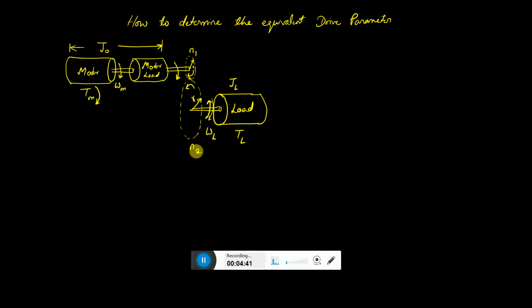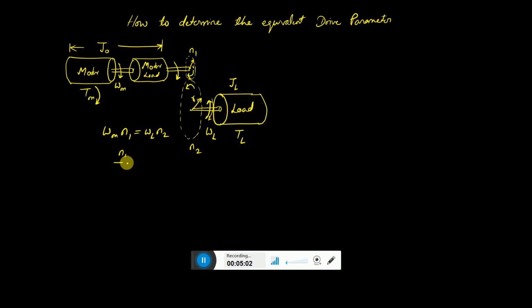So if N2 is more, omega L is less. If N1 is small or less, then omega m is high. So we can write that omega m into N1 is equal to omega L into N2.